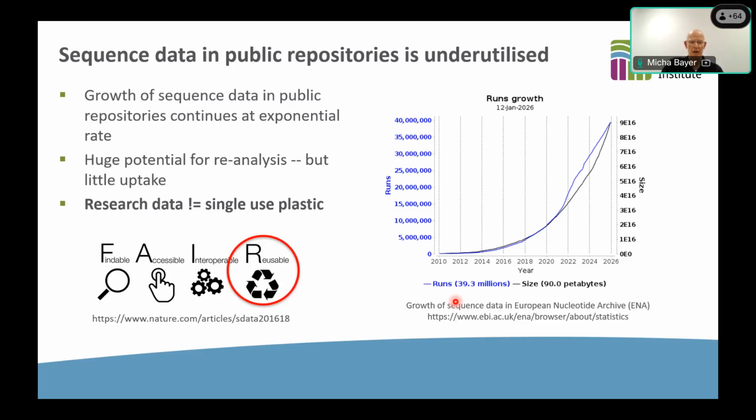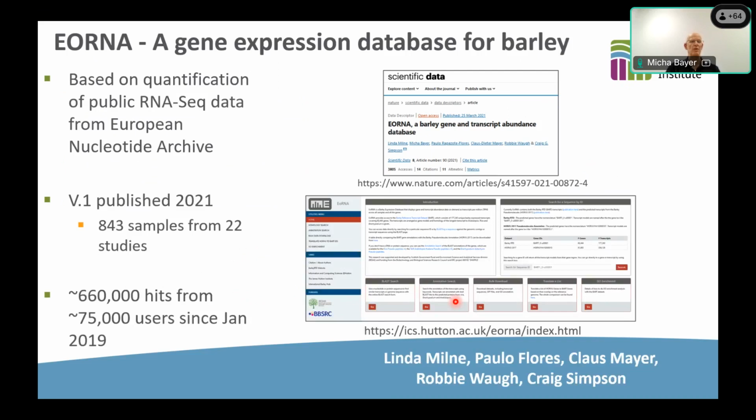So with that in mind, we set about developing EORNA, the first version of EORNA. So EORNA is a gene expression database for barley, and it is based on quantifying the data from the European Nucleotide Archive. So all the public RNA-seq in there.